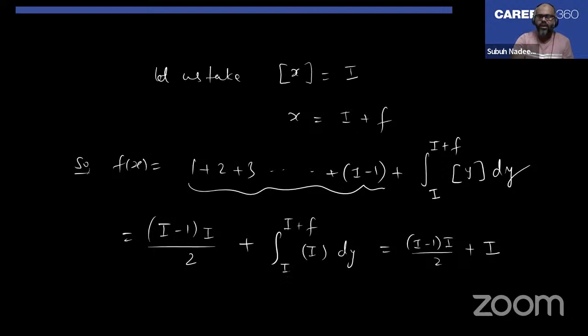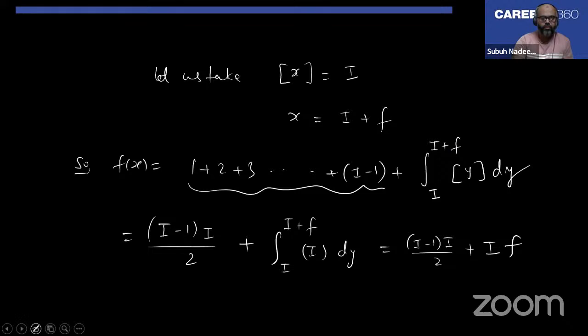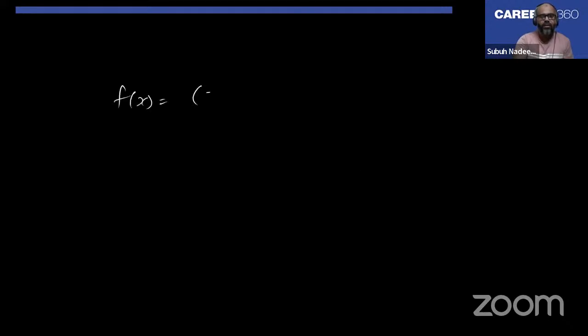So it will be I plus f minus I, which will become f. So we can say that the function f(x) is equal to I minus 1 into I by 2 plus I into f.